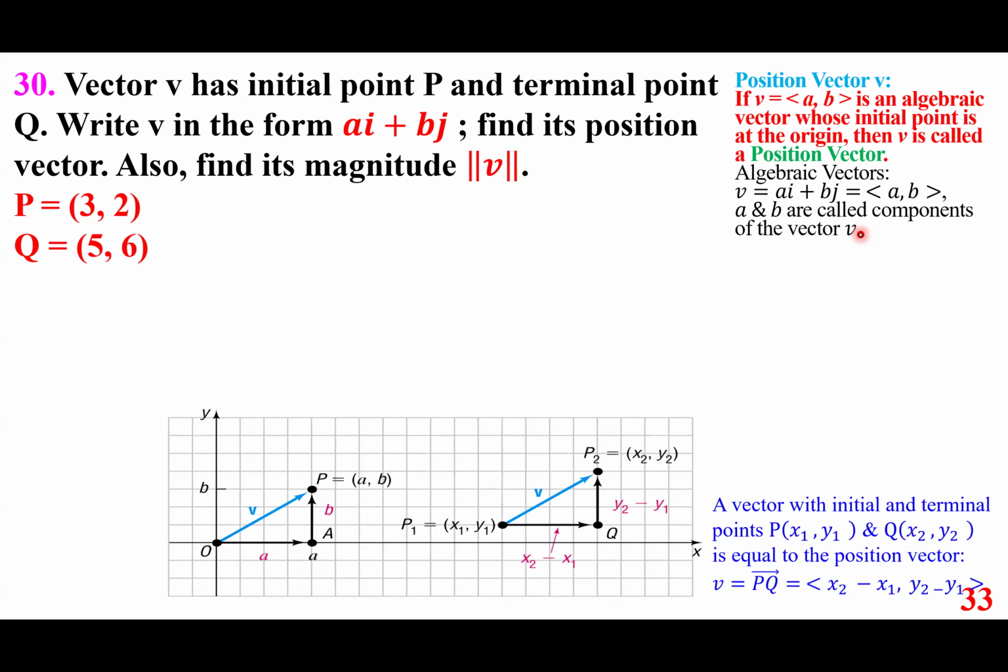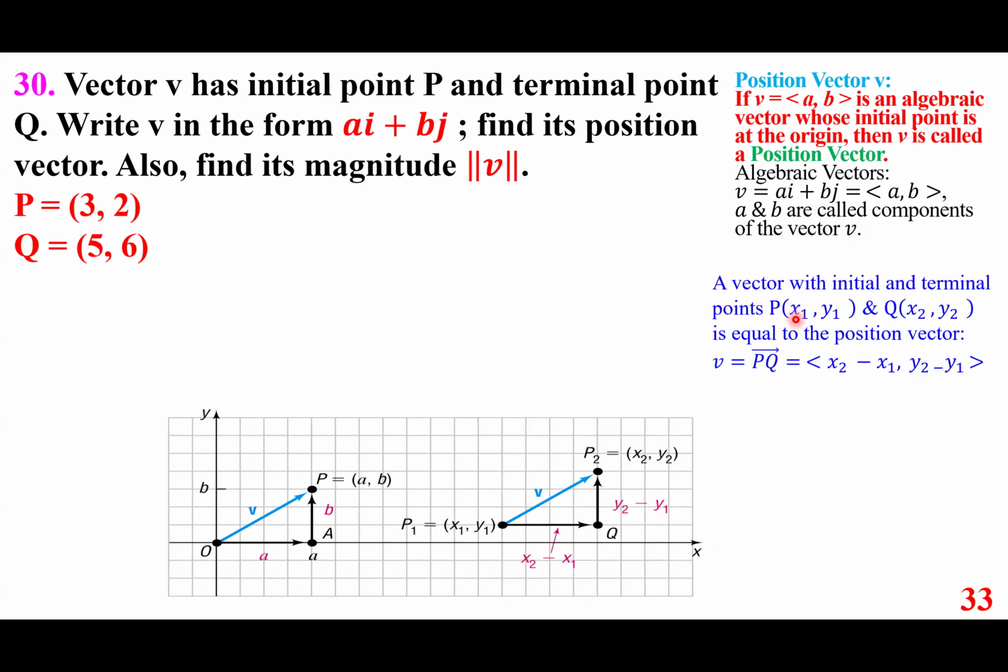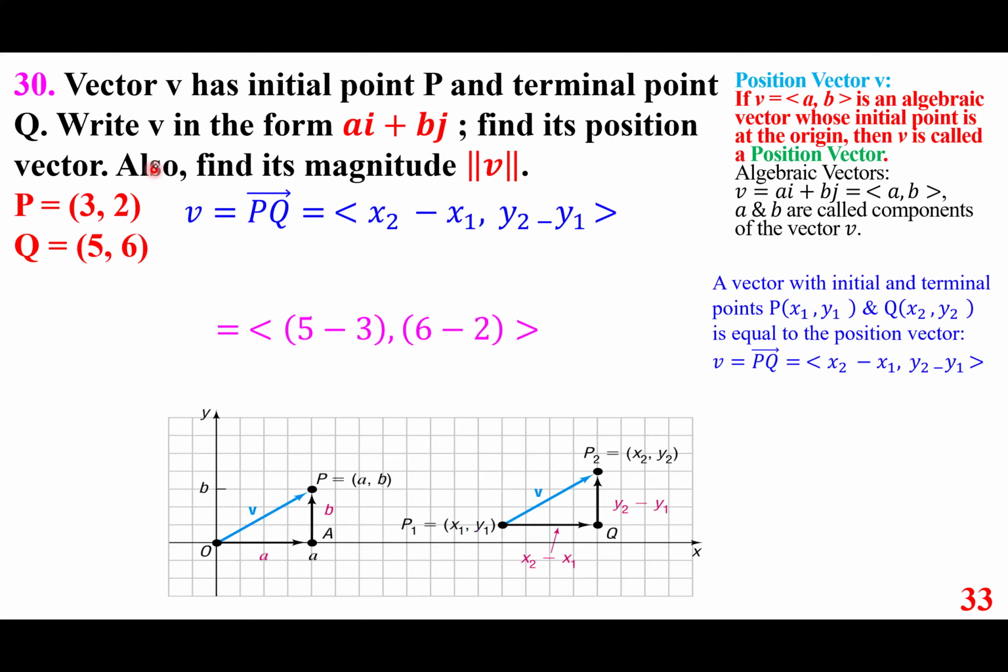What else? A vector with initial point (x sub 1, y sub 1) and terminal point (x sub 2, y sub 2) has position vector PQ equal to (x sub 2 minus x sub 1, y sub 2 minus y sub 1). With that being the case, we are going to use that. x sub 2 minus x sub 1 means 5 minus 3. y sub 2 minus y sub 1 is 6 minus 2.